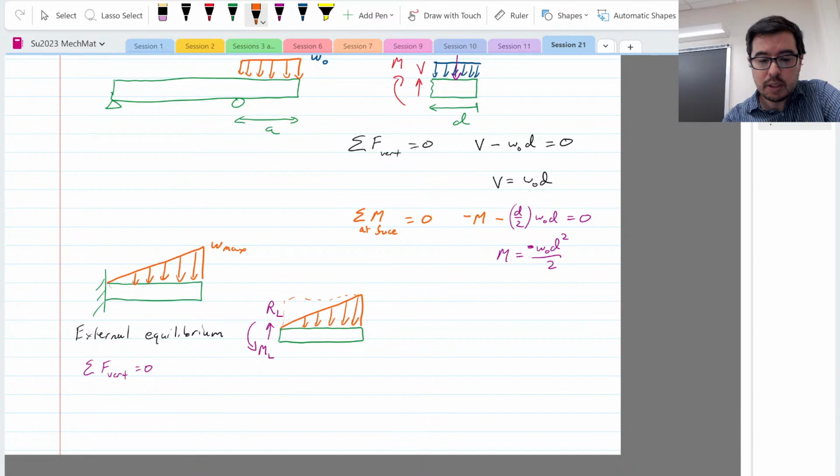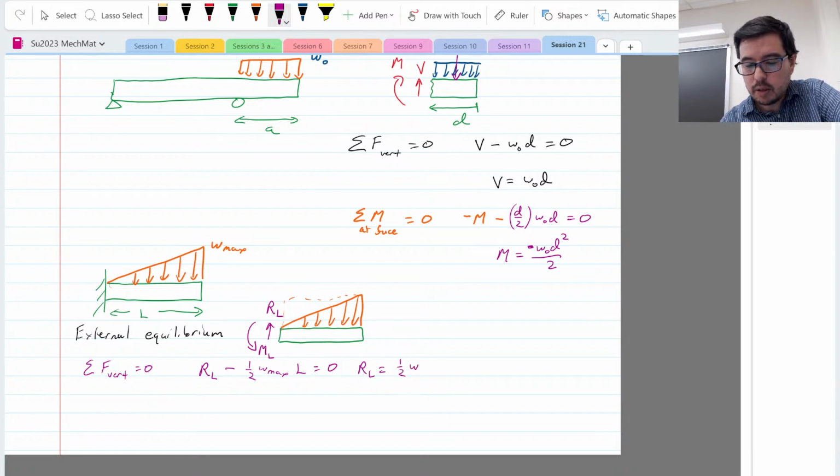So if this has some length L, then we can say that the vertical forces, with RL positive, give RL minus 1/2 W max times L equals 0. So RL is going to be equal to 1/2 W max L.